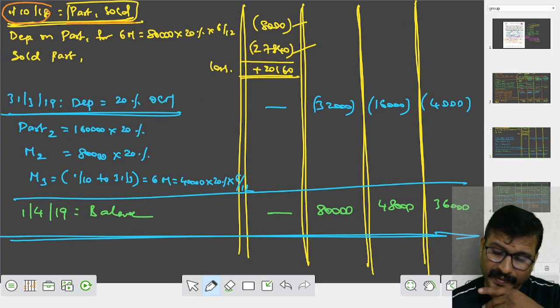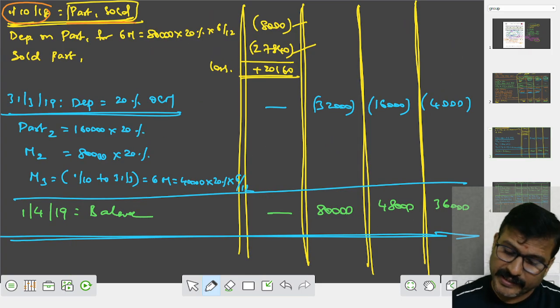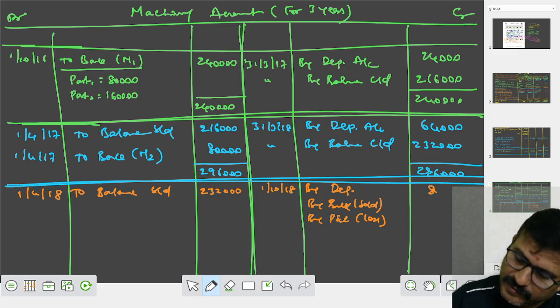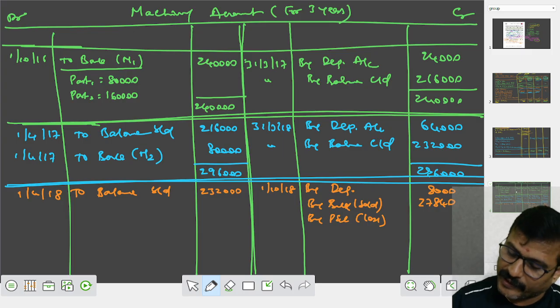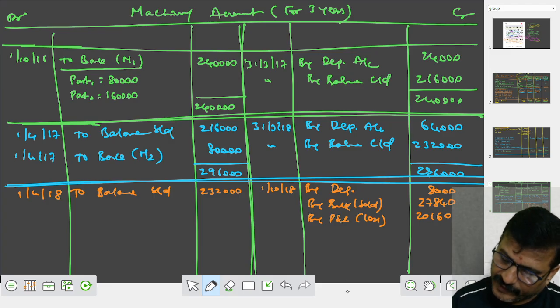See, 8,000, 27,840, 8,000, 27,840, that is sold value. This is depreciation value. This is loss value, 20,160.